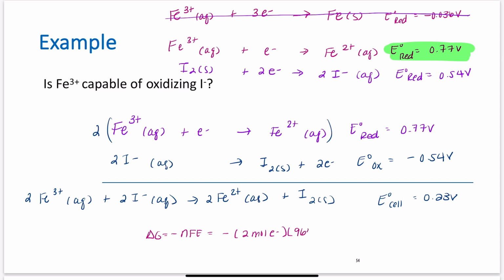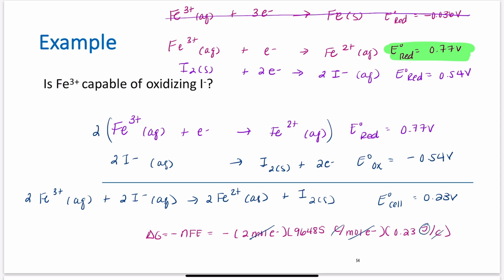Faraday's constant, 96,485 coulombs per mole of electron. And the cell potential, 0.23 volts, and a volt is a joule per coulomb. So moles of electrons have canceled, coulombs have canceled, I'm given joules.